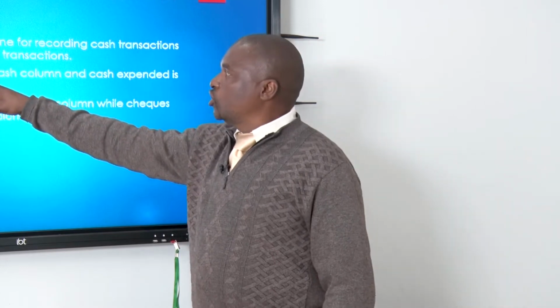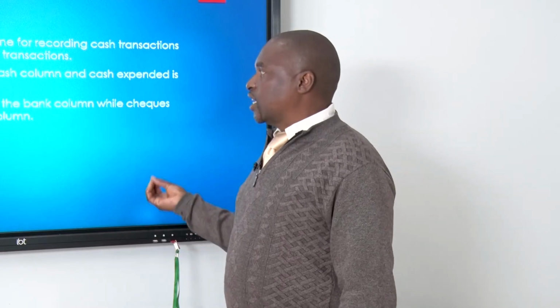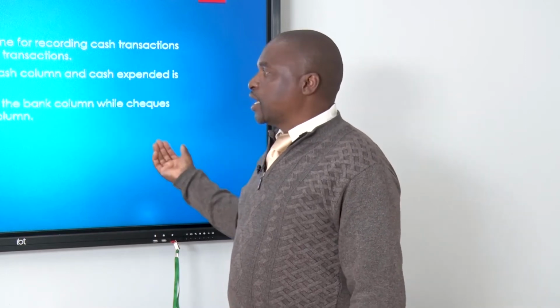From the definition, this cash book has two columns, one for recording cash and the other to record bank transactions. Just like the single column cash book, cash received is debited in the cash column and cash expended is credited in the cash column. The checks received are debited in the bank column, while the checks issued are credited in the bank column.